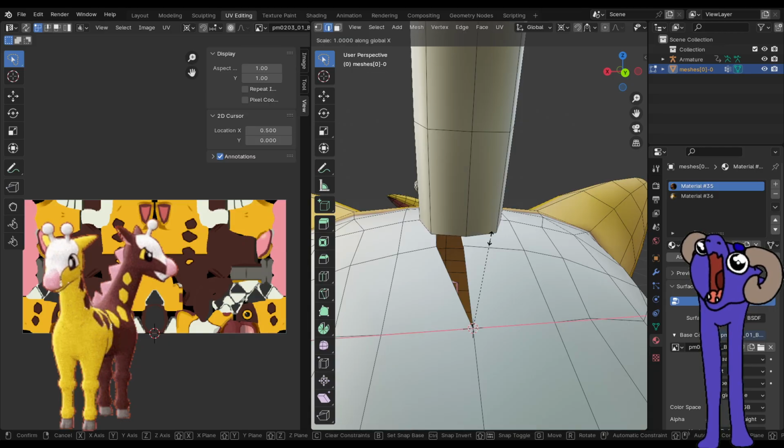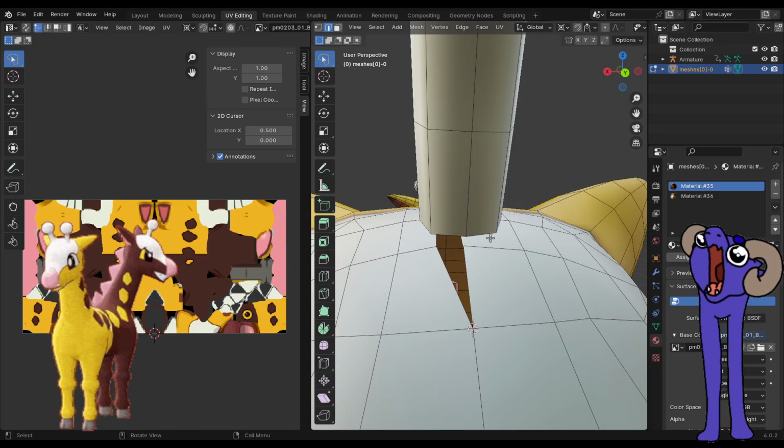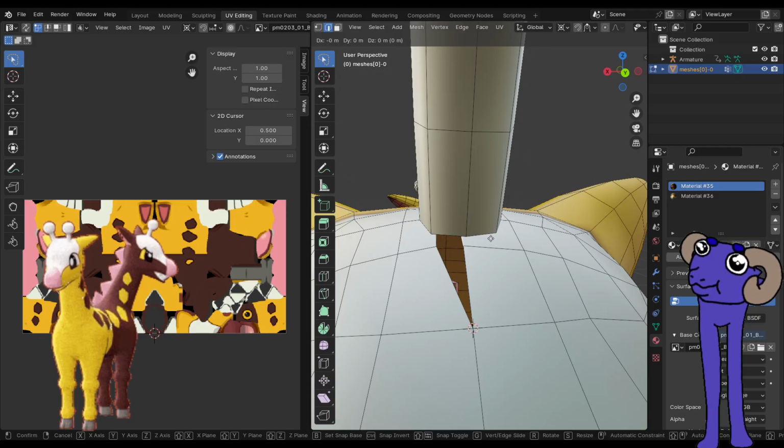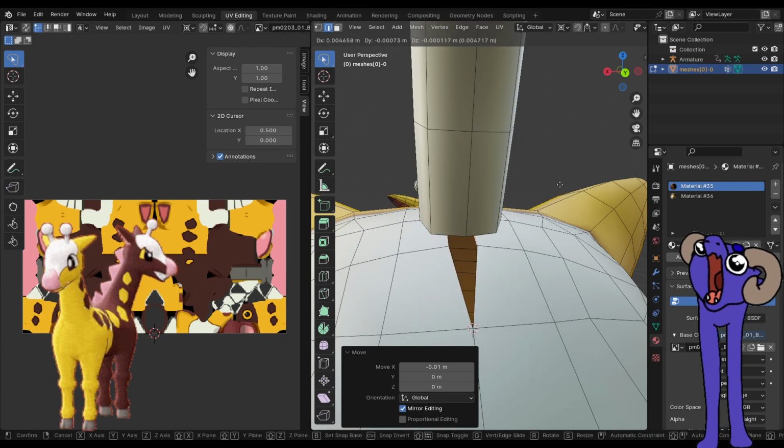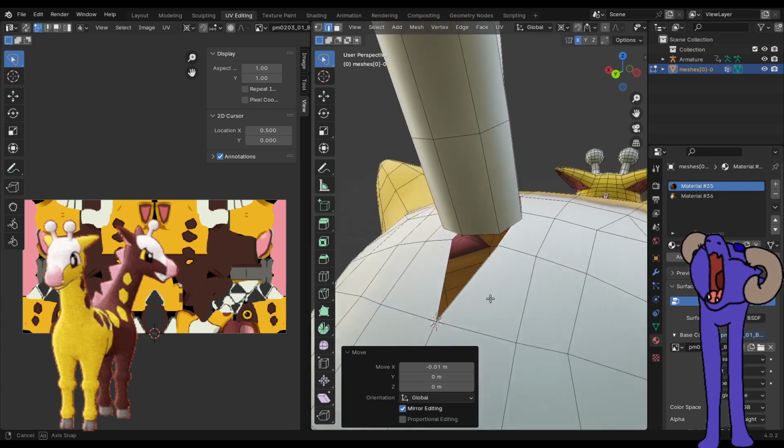Okay, scale x 0.01. Move negative 0.01. Okay, so that's now symmetrized, right? Yeah, okay, that's all good.